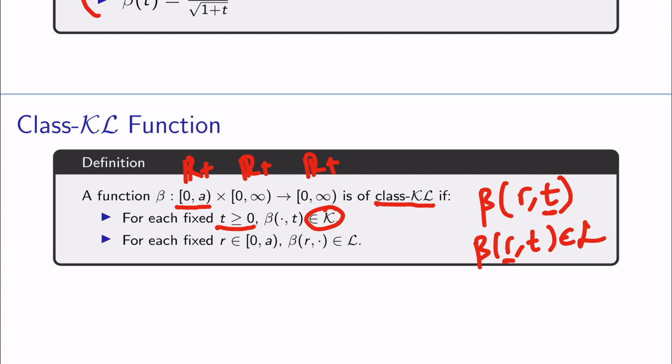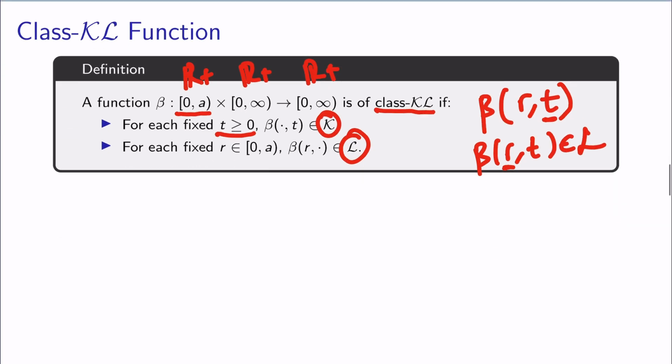All right, so this is, I would say, an implicit definition, or rather, I feel like there should be a definition that wouldn't require us to know about class K and L, right? Let's look at that definition.